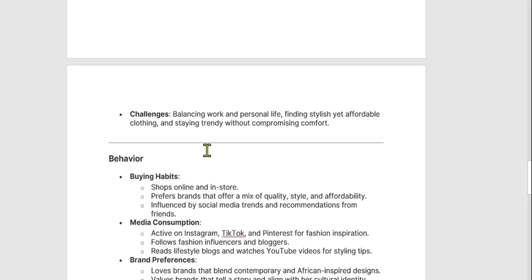Challenges. The major part of their challenge is balancing work and personal life, right? And part of balancing work and personal life is to eat properly, to dress properly, to enjoy yourself properly while working. So that is where we come in, finding stylish yet affordable clothing.